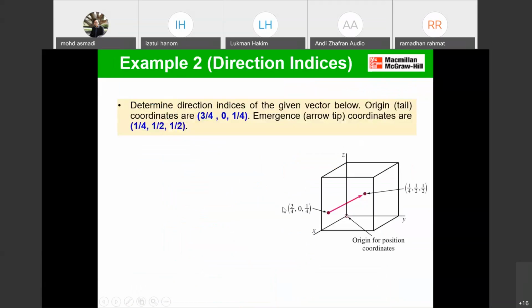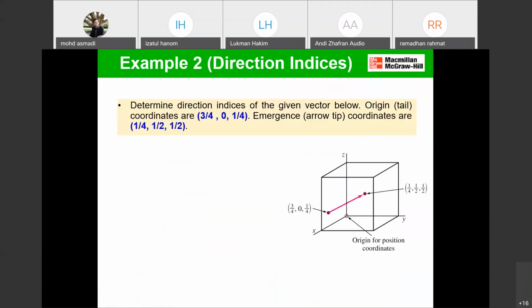So look here at example 2. Determine the direction indices of the given vector below. The origin tail coordinates are 3/4, 0, 1/4. The emergence arrow tip coordinates are 1/4, 1/2, as well as 1/2. How can we determine these direction indices?